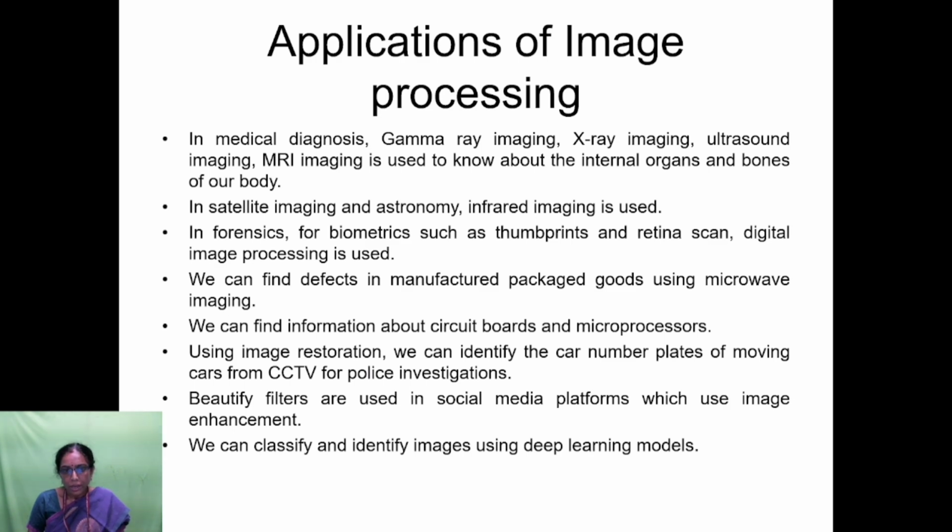Using image restoration, we can identify the car number plates of moving cars from CCTV for police investigations. Beautiful filters used in social media platforms use image enhancement. We can classify and identify images using deep learning models. Artificial intelligence and deep learning are nowadays a very growing field.